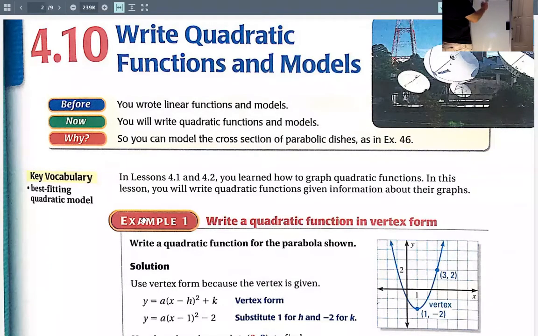Okay. So we have the vertex at 1, -2. And we have a point on it, 3, 2. Point P. Looks like you're going to be solving for A, is what you're going to be doing.